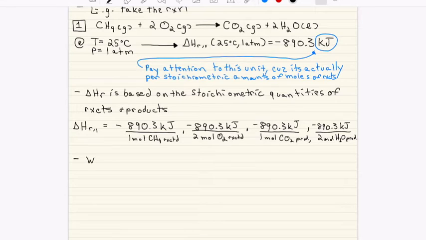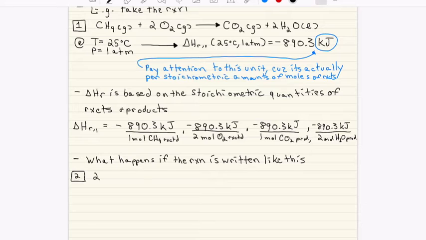And so I want you to think about this. What happens if the reaction is written like this? I'm going to say we have chemical reaction number 2.